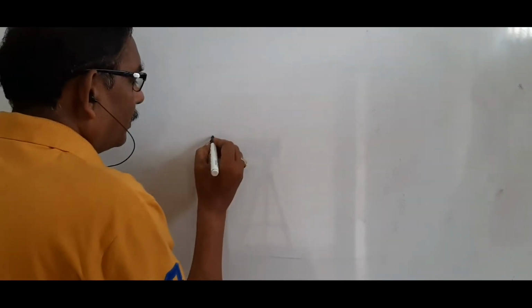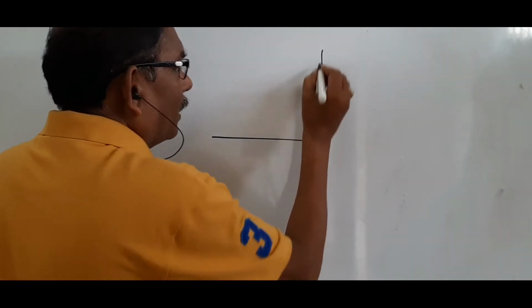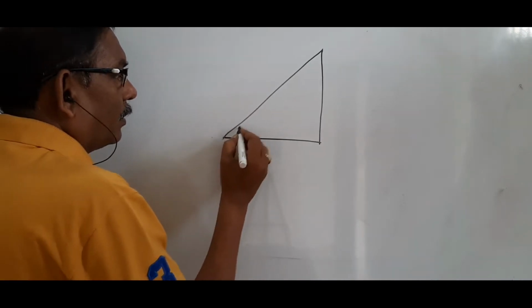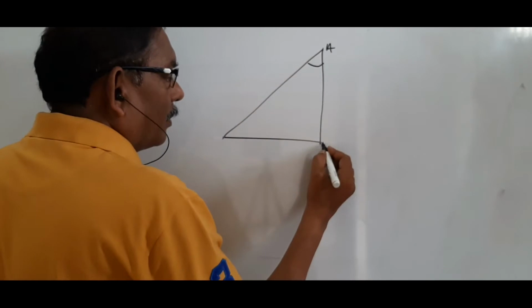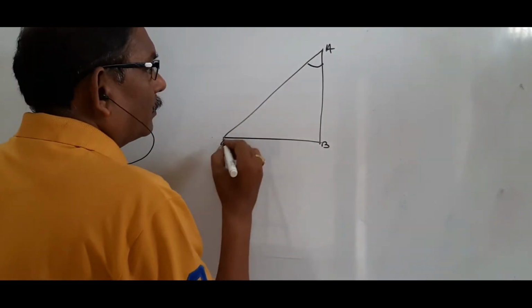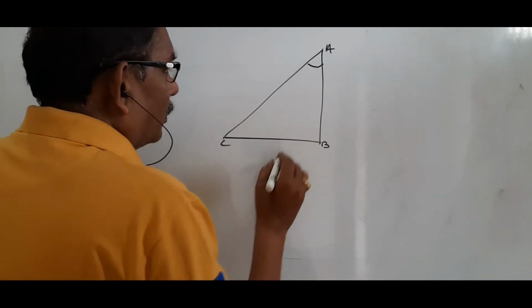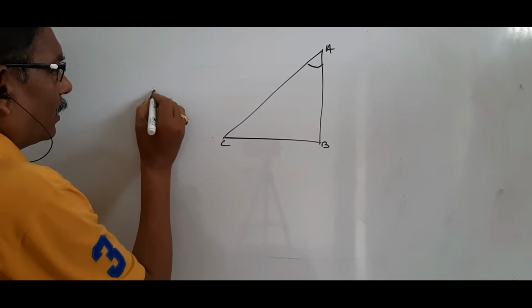So take a right angle triangle. Suppose the angle is theta, or A, B, C. You take angle A. Now AC squared.